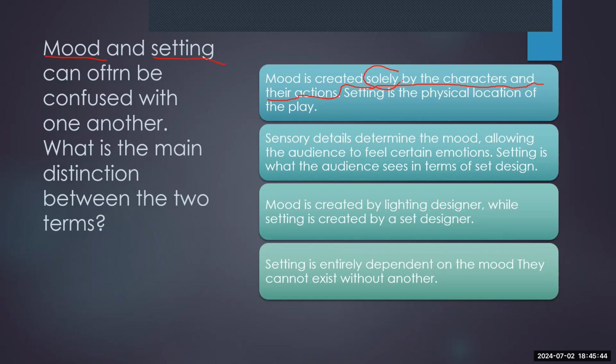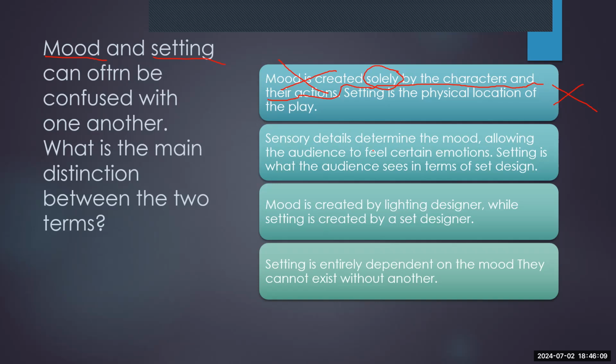How do you know a scary movie is scary? By the scenery? Yeah, they might have scenery, they might have music, but it's not just the characters and actions, right? Since that part is wrong, that means this whole answer choice is wrong. We can automatically eliminate it.